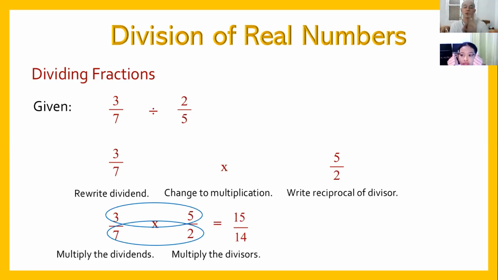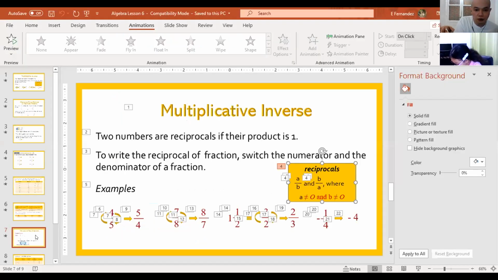So only 4 steps. Rewrite the dividend, change to multiplication, write the reciprocal of the divisor, then proceed to multiplication. Numerator times numerator, denominator times denominator. Okay, Crystal? Let me rectify the wrong words written here.